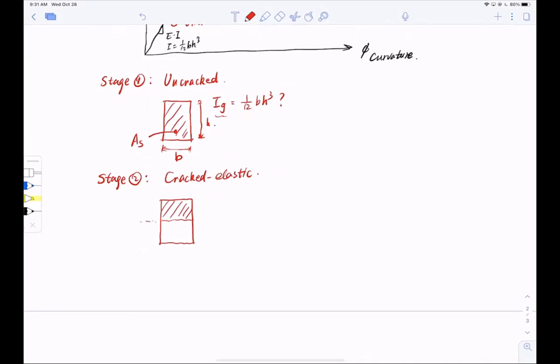So my neutral axis is somewhere here, and I still have reinforcement in tension, just so you remember. But instead of the Whitney stress block, we have a linear distribution of stress because it hasn't yielded yet. So this is compression and this is tension.